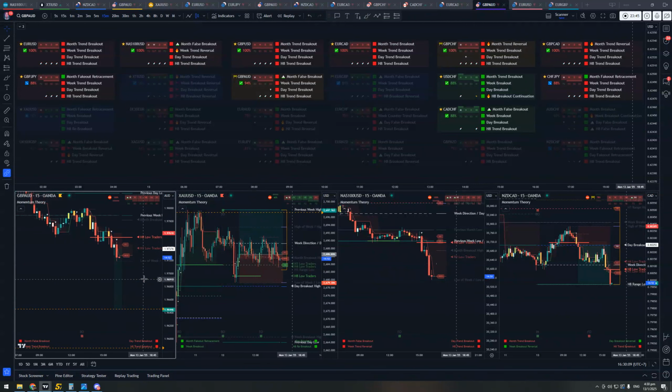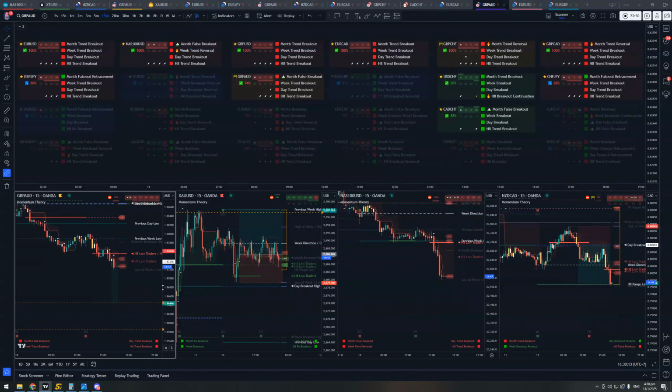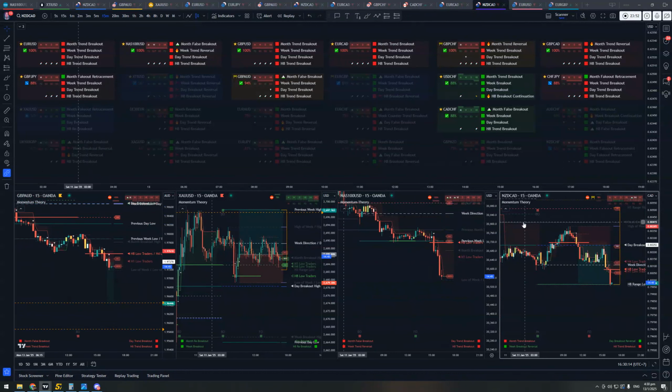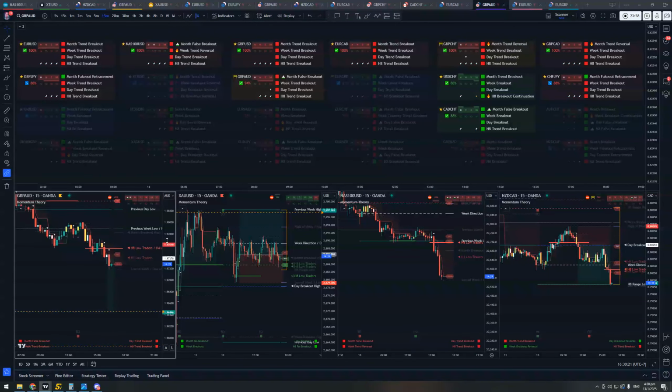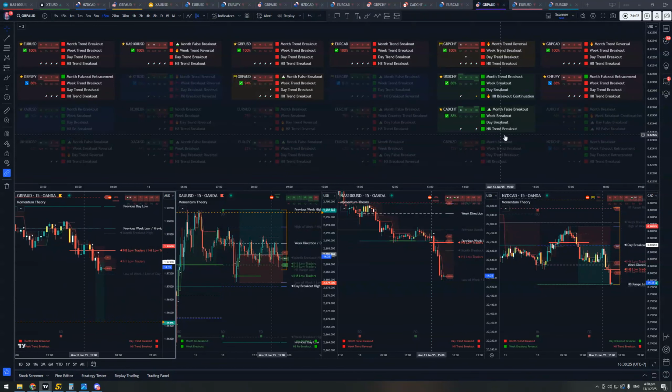And only one trade on GBPAUD. Okay, so that's it. And I'm done with the session here. I'll just pause it, let it play out. But if it's taking too long, I'm just going to close. Okay, so that's it. Not going to take any more trades. Just that one is fine for me.